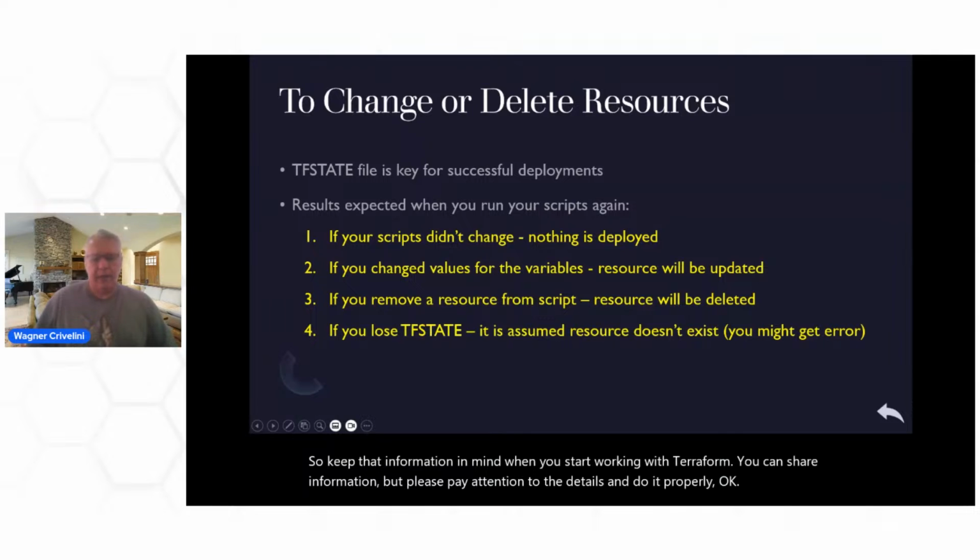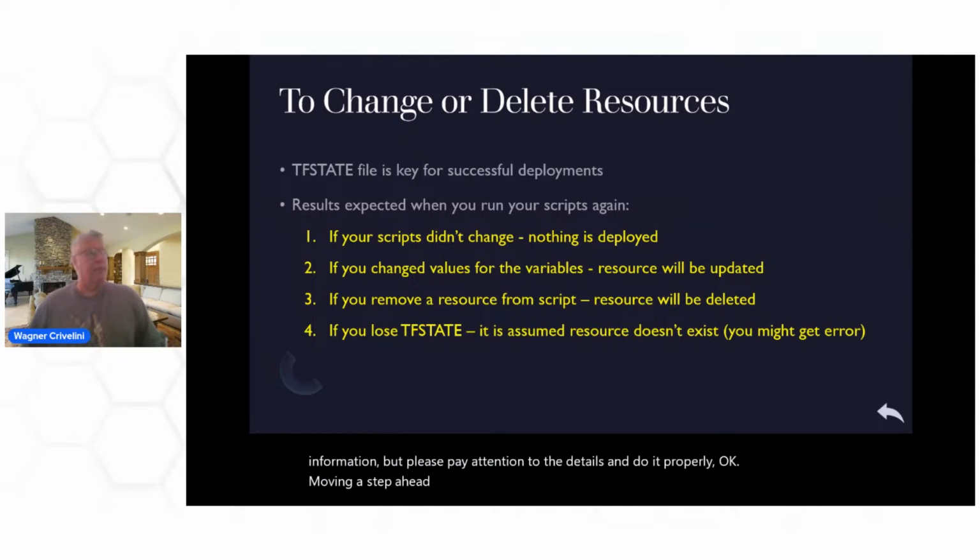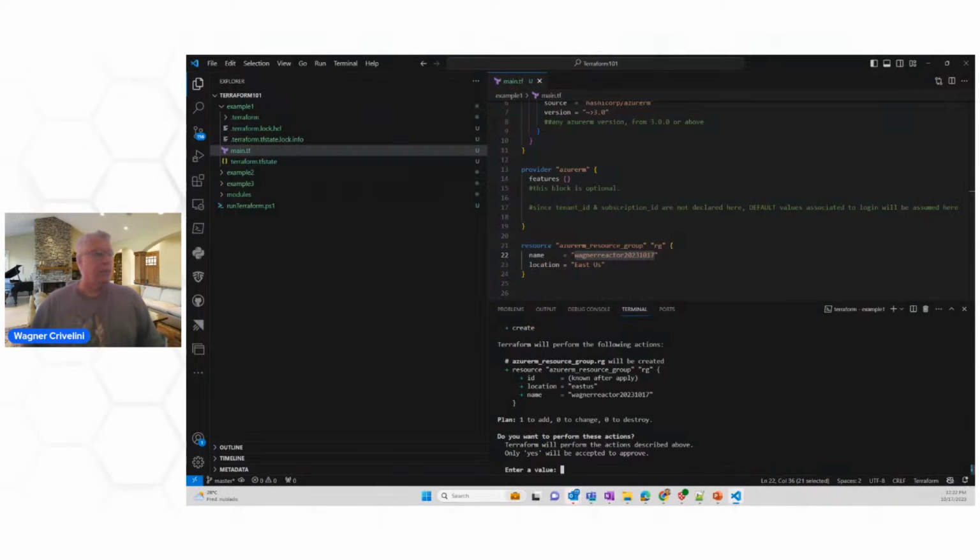Moving a step ahead, before moving a step ahead, let me see if I already finished my deployment here. Okay, it's identified. I am creating a new resource called RG, and the name for the object to be deployed is this. One object will be added, no object to change, and none to destroy.